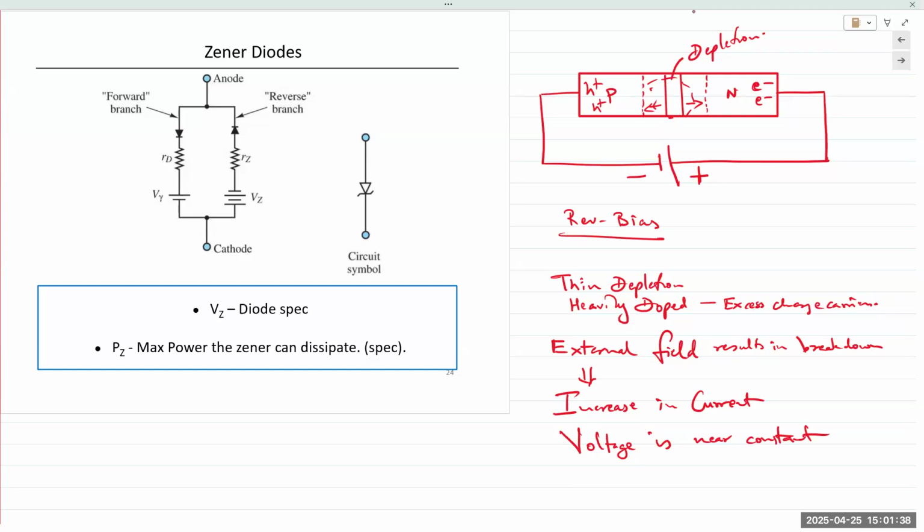When it's working in reverse bias, it does not have any charge carriers. But once a breakdown occurs, you can keep on increasing the input voltage, meaning you are sending more electrical power into the device, but the voltage does not change. The voltage across the diode is held near constant. P is equal to VI. Power is the product of voltage and current.